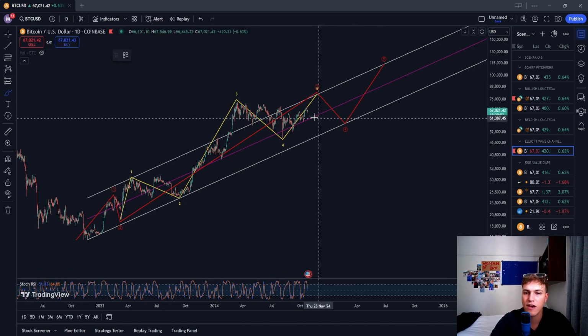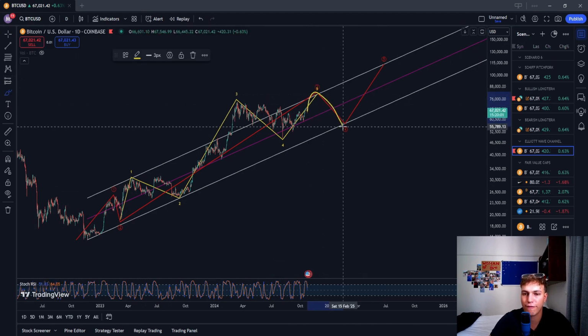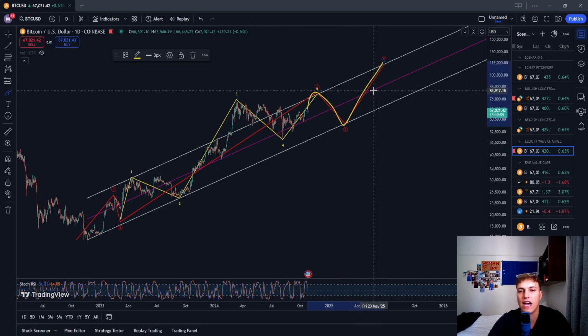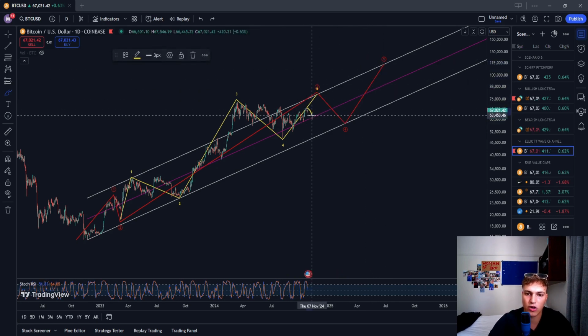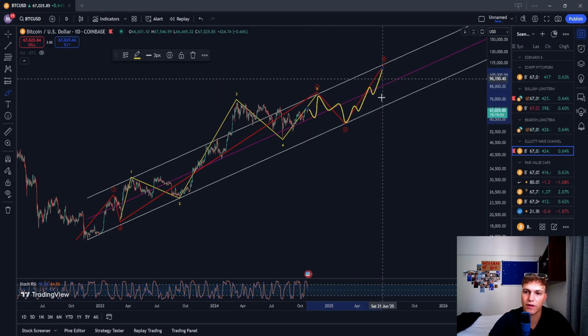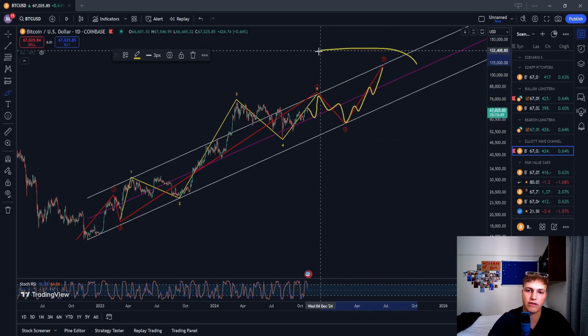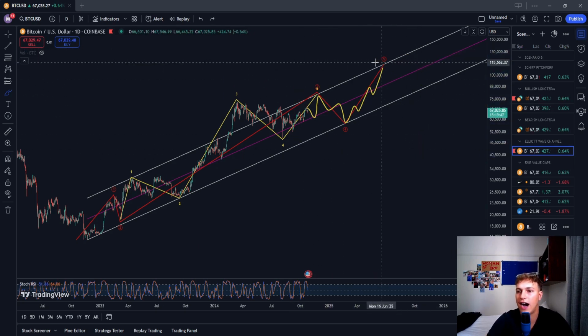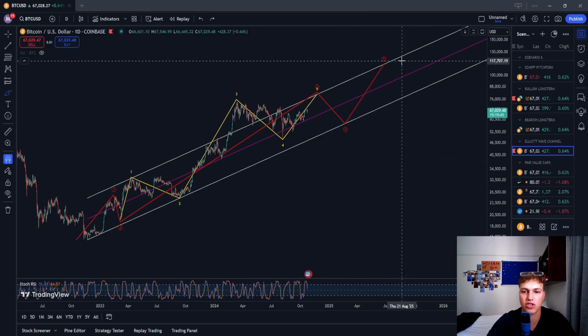A finished 5 followed by a 4 and then a 5 again. So something along the lines of this, followed by an ABC, and then the 5 wave move up. That is what I see for the bull market high at around that $120,000 level.